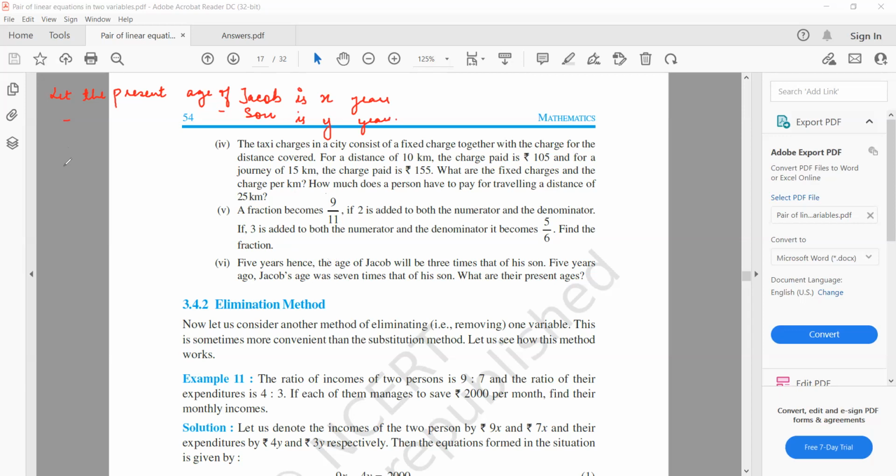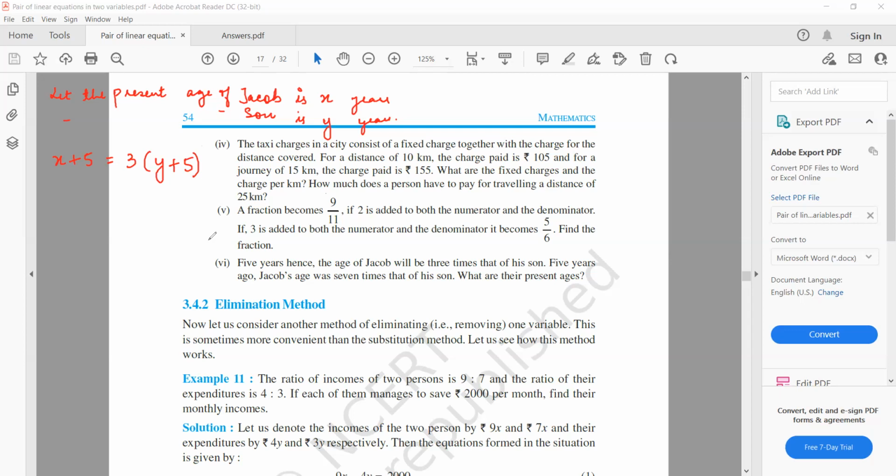So after 5 years, you can write Jacob's age is equal to this and son's age is equal to this, or you can directly write it. Let me write it directly. After 5 years, the age of Jacob will be 3 times that of his son. That means after 5 years, this is the age of Jacob, X plus 5. Now this will be 3 times his son's age, so 3 times Y plus 5.